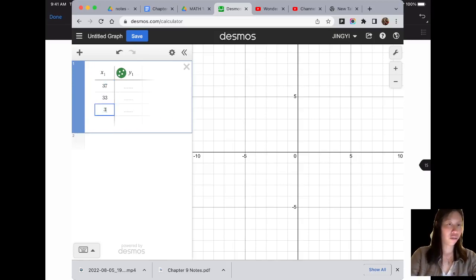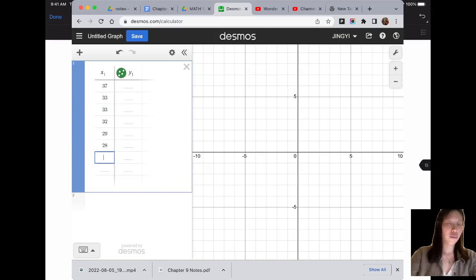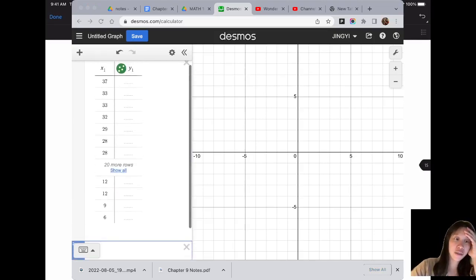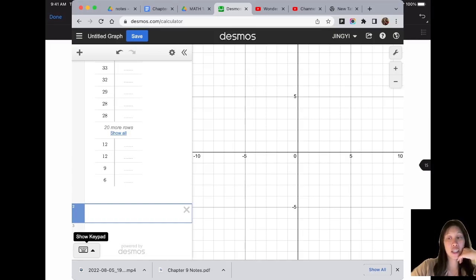31, 13.2, 13.2, 13.3, sorry. I'm going to pause the video and start inputting the data in it. Okay, I just finished entering the data. So in total 31 data values, but the table shows 20 data, which is fine. What you would do is, on the lower left corner, you will see a keyboard.